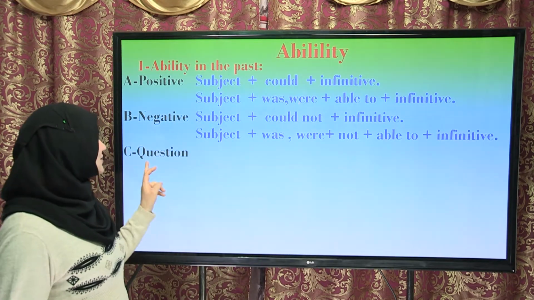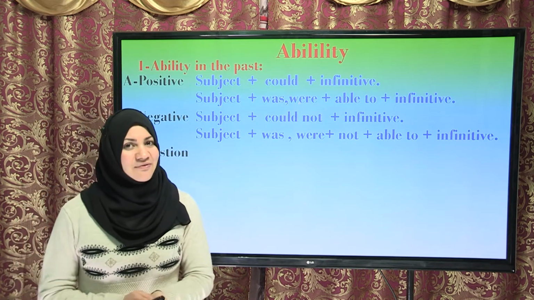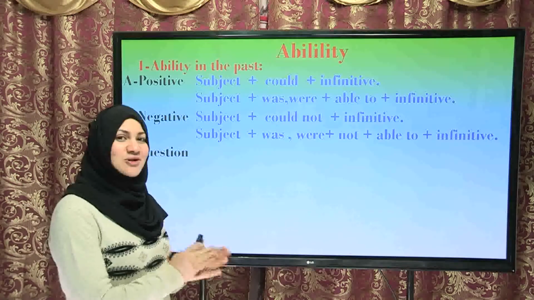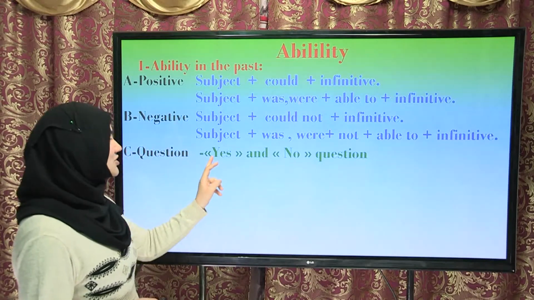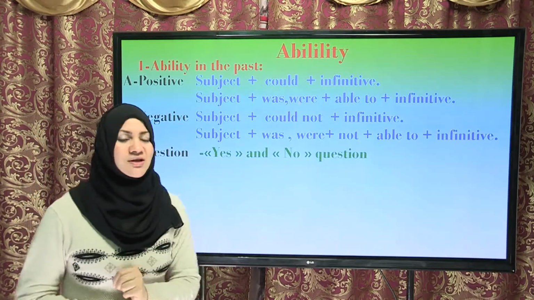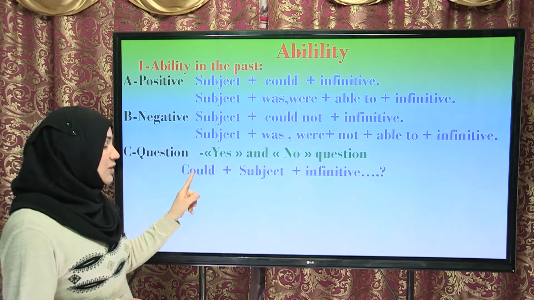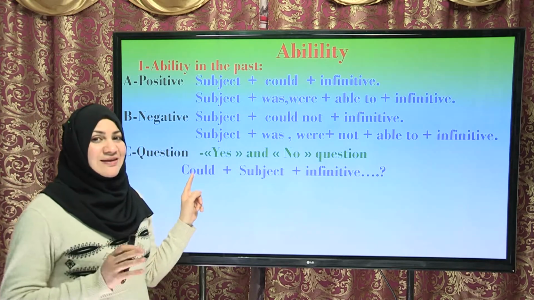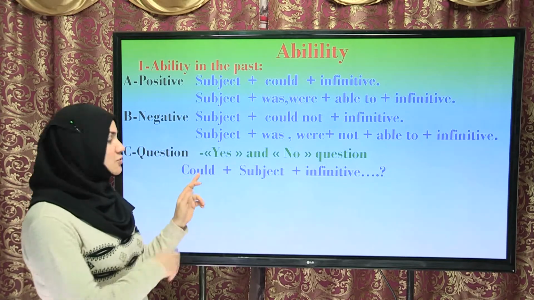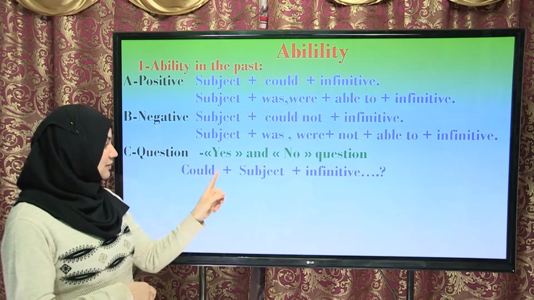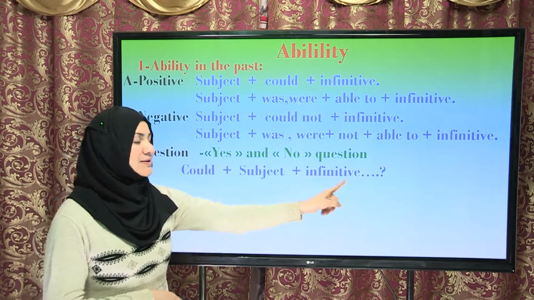The third point is for question. We have the same thing: yes and no question and WH question. Yes and no question. Let's see together the form. As we started in present simple with can, here the same thing. We start with could. Could plus subject plus infinitive.